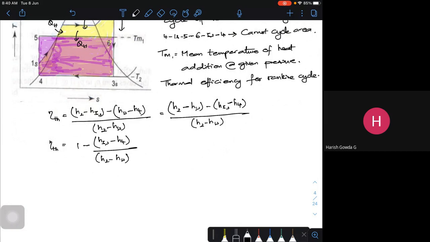If you want, you can write (H3 minus H4) divided by (H2 minus H1) also, it doesn't matter. You need not write S also. I am just trying to show that this is isentropic, that's why I am writing it. So let me call this expression 1.